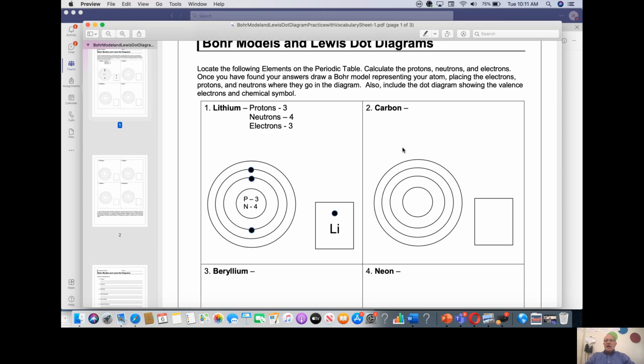If it was interacting with hydrogen, hydrogen has 1 energy level, and it has 1 electron that it can share. And so 4 hydrogens will each add their 1 electron to make a total of 8 in that outermost energy level.